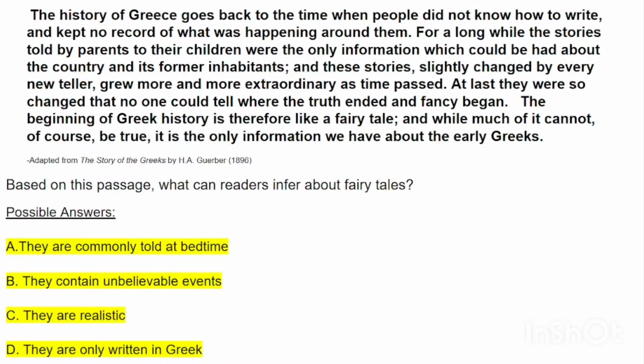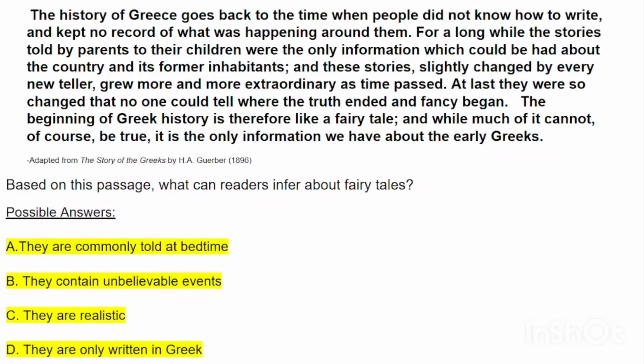So you're telling me now that they had no record because they did not know how to write. However, the stories were told by parents, right? And each time these stories were changed by word of mouth, by every new teller. So at last they were so changed that no one could tell where the truth ended and fancy began. The beginning of the Greek history is therefore like a fairy tale, and while much of it cannot, of course, be true, it is the only information we have about early Greeks.